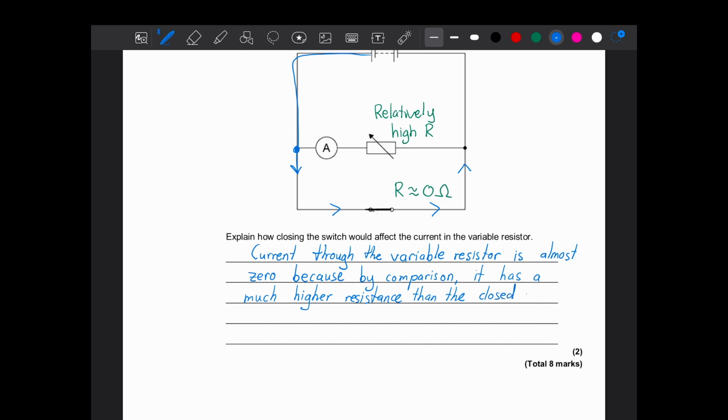We'll be specific, we'll say it's a closed switch, which has a resistance of effectively 0.